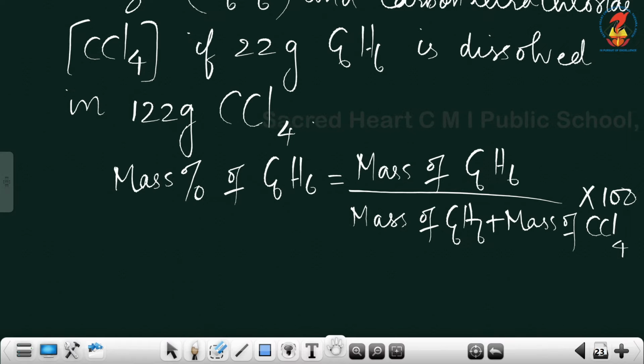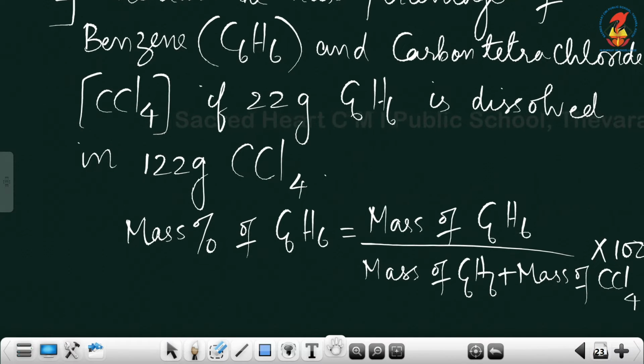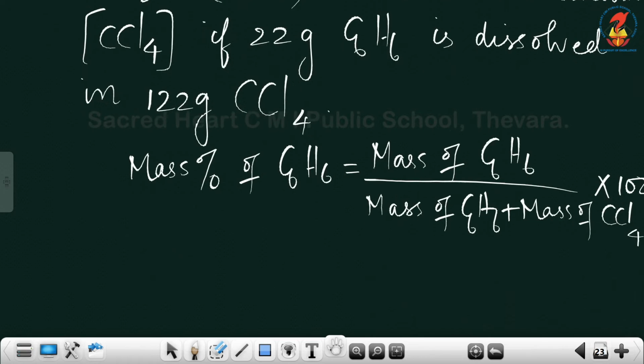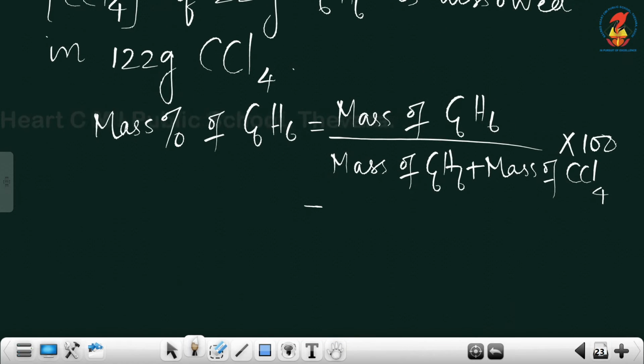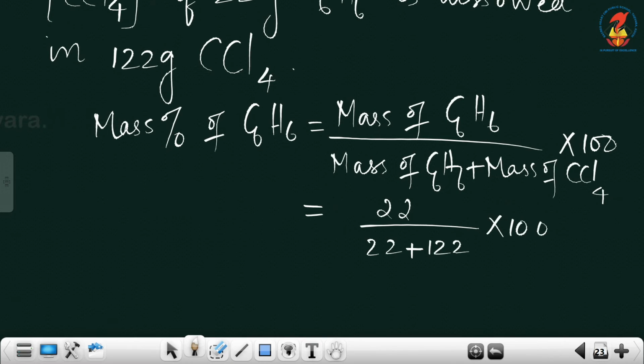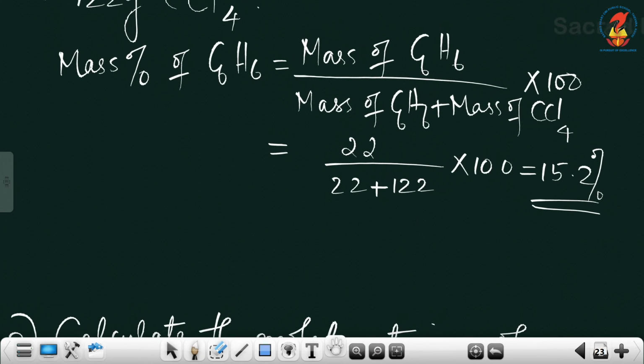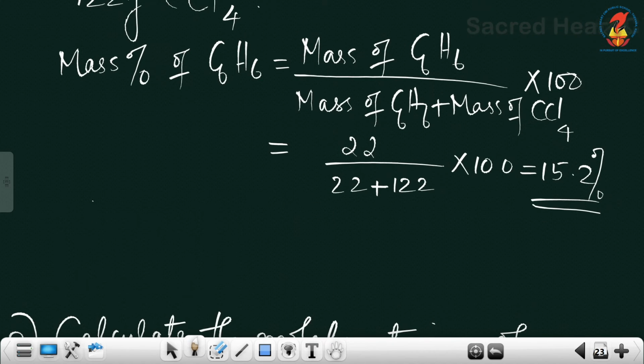And here the mass of benzene and CCl4 is given in the question, that is 22 gram benzene and 122 gram CCl4. So substitution: benzene is 22 divided by 22 plus 122 into 100, and we get the answer as 15.2%. Now, if you get the mass percentage of benzene, you can find the mass percentage of carbon tetrachloride.